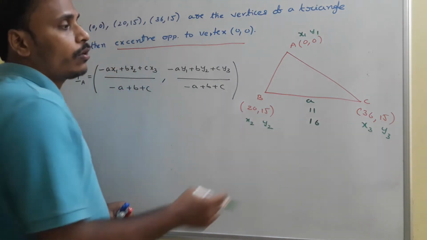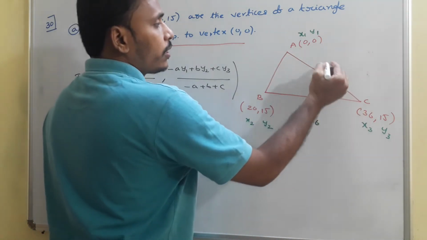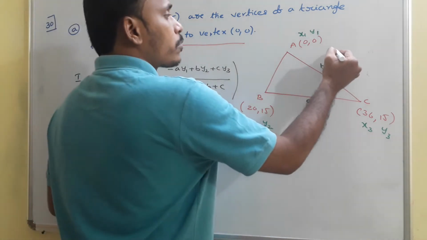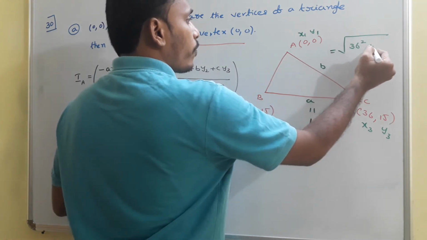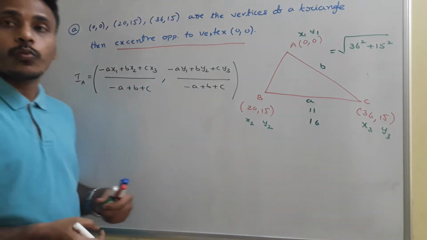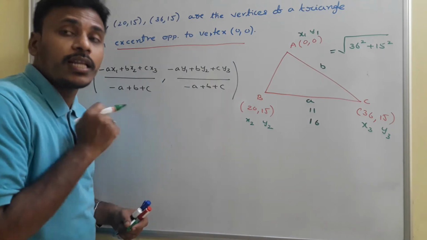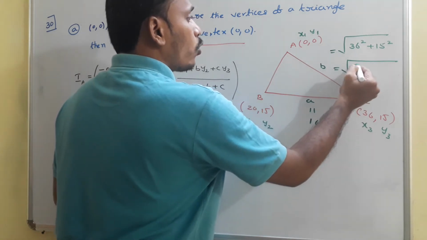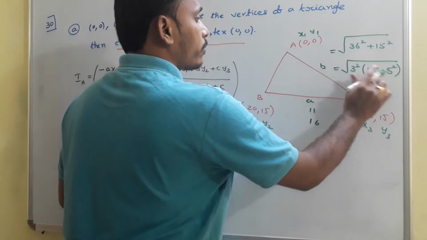Now the distance between (0, 0) and (36, 15), AC, is considered as small b. Small b is equal to the square root of 36 square plus 15 square. 36 is 3 into 12 and 15 is 3 into 5, so we can rewrite it as the square root of 3 square times (12 square plus 5 square).